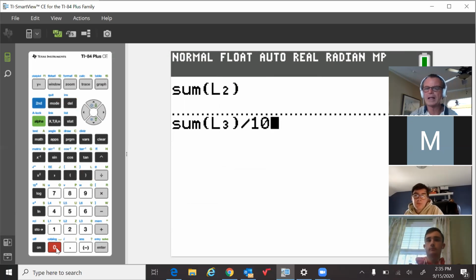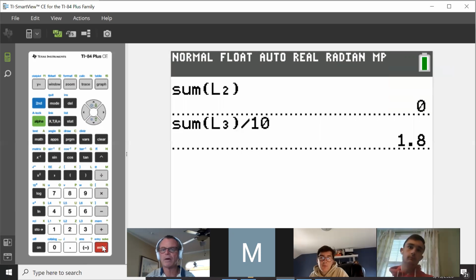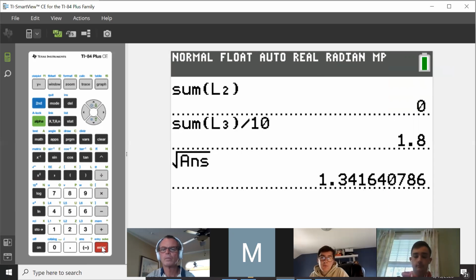We're going to divide by n take away 1, which for now, you're just taking my word for it. You push enter. Take the square root of your answer, and it's going to give us that number, which is a little higher than 1.3.